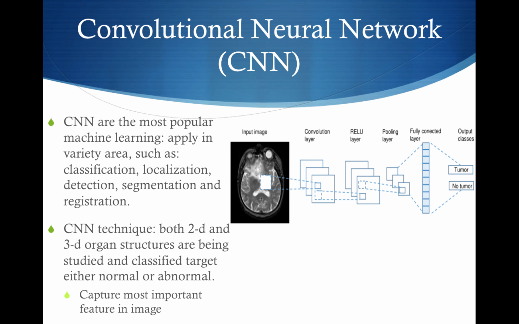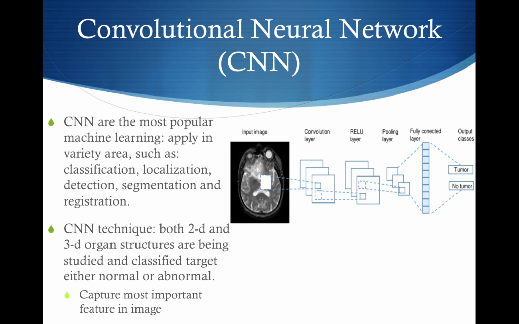From both the two-dimensional or three-dimensional structure of an organ, it can classify the target being studied as either normal or abnormal, because CNN is able to capture the most important feature relationships in an image.